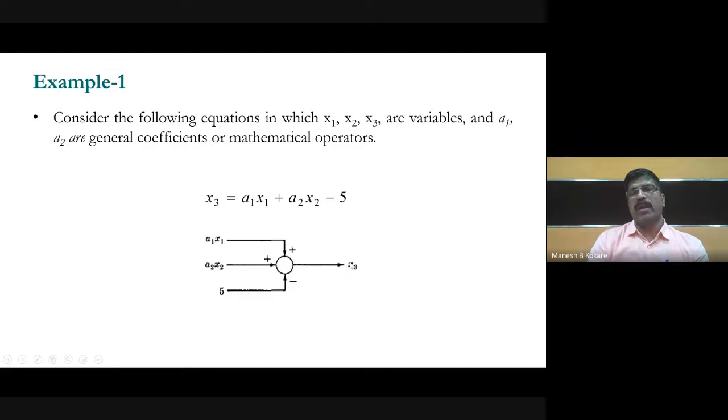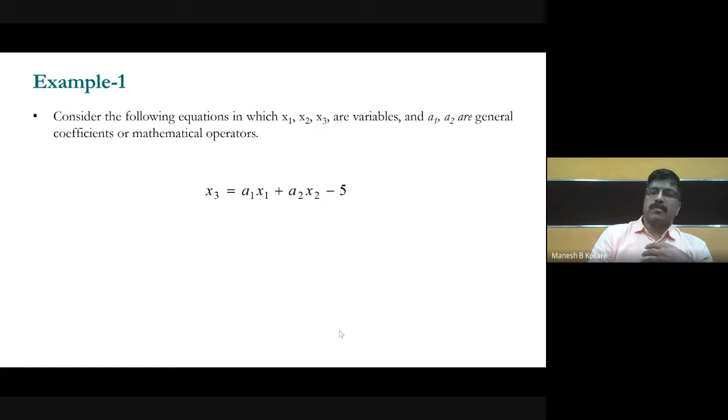In this way, by using the summing point, we can represent this mathematical equation. I hope that you have understood this one. Now, see that if a single block is there having transfer function equal to a1, then the output will be equal to the signal multiplied by the transfer function. So a1 x1 will be the output.